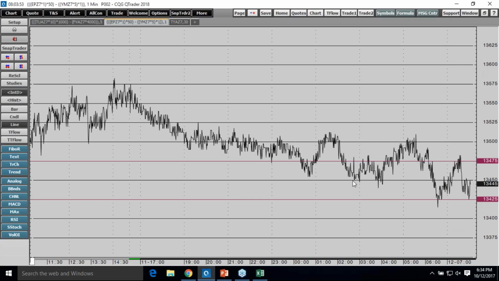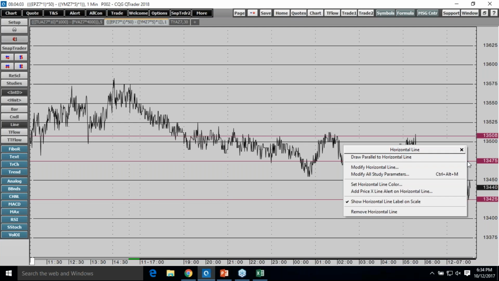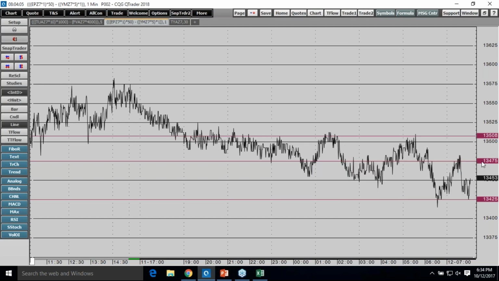So as a relative value trader, I think what traders do is they identify the range. If you're trying to trade the range, they identify the recent range in which this pair is trading, and then initiate trades as the market price, which is 13,453 as we speak, approaches one of these two levels.